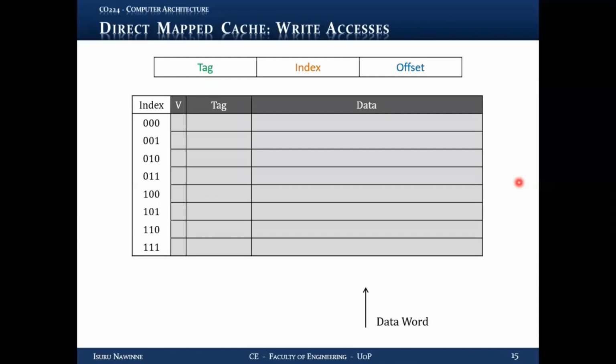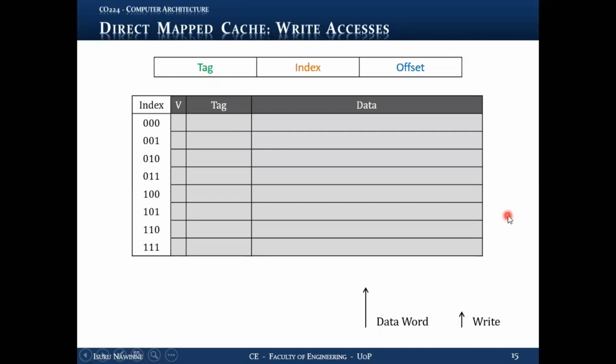We need the data word, the data word that is going to be written to this particular address, and the write control signal coming from the CPU control unit. So these are the 3 things that the cache controller receives: the address to be written to, the data that you need to write to the address, and the write control signal.